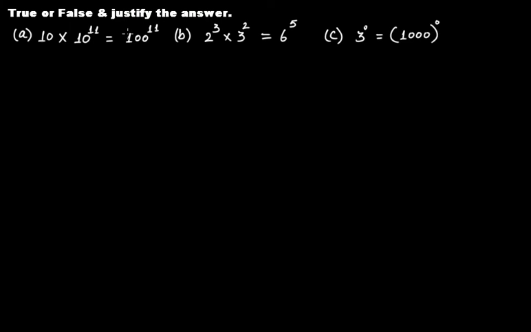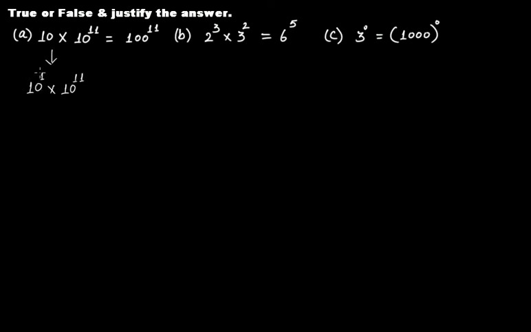True or false, and justify the answer. This is 10 multiplied by 10 to the 11th power, and is this equal to 100 to the 11th power? Now this is 10 with exponent 1. If there is no exponent, it means it is actually 1, and this is 10 to the 11th power.